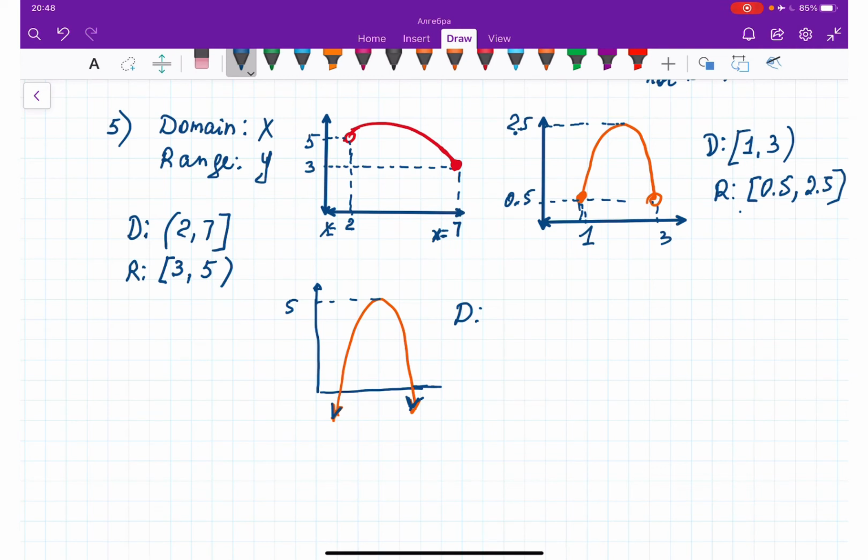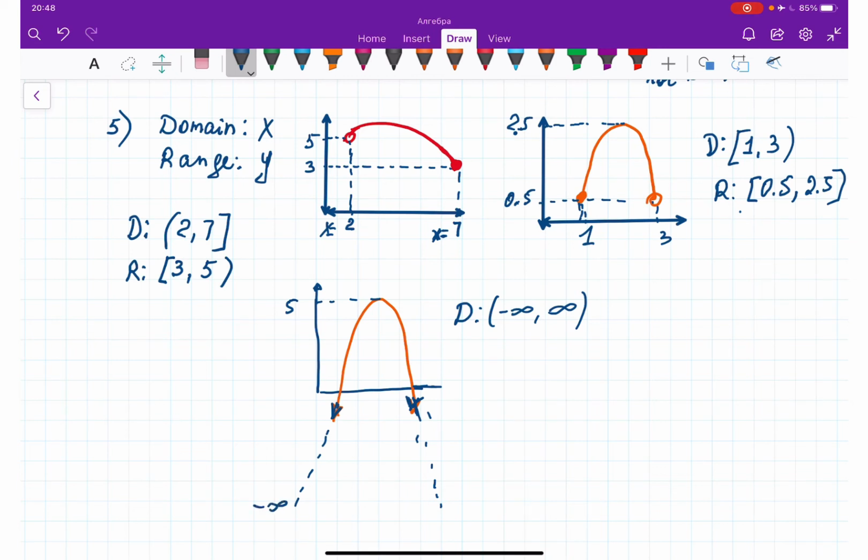So where is it going? It will keep going to negative, and this one is positive. So the domain is going to be from negative infinity to positive infinity. It includes every value of x, because it's starting from negative infinity.